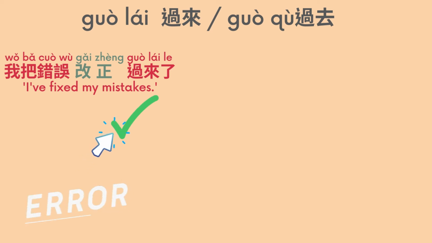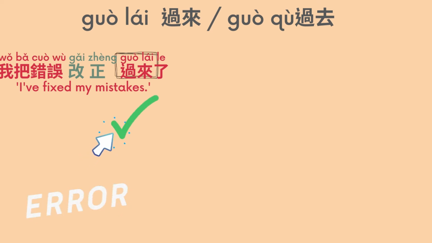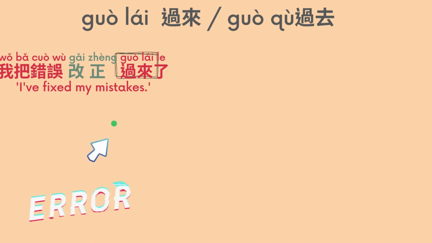I fixed my mistakes. 改正 is the verb that comes before 过来. 改正 is a verb that means to correct. And when combined with the compound direction complement 过来, it means to correct errors. When a mistake is made, 改正过来 is used. He then corrects his error the next time.